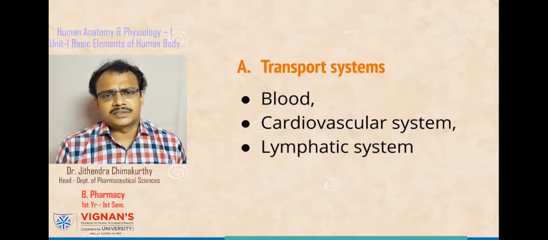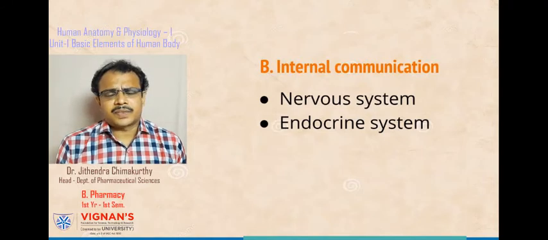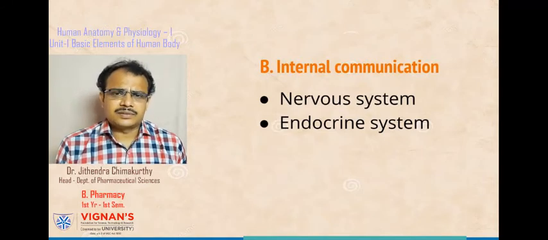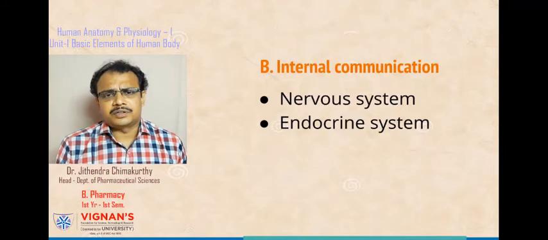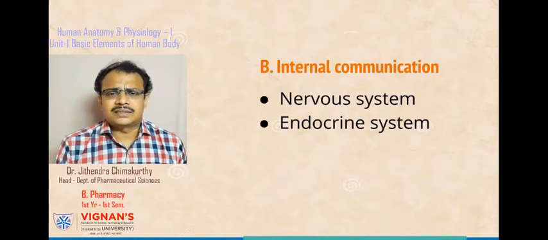The next is internal communication. Within the cells or between the cells or between the organs or between the systems, there will be a communication so that all these things will be working in harmony. And this is called internal communication.